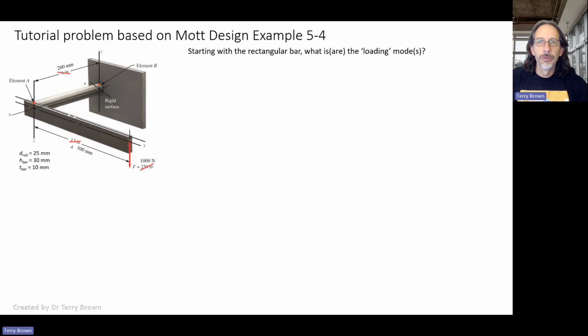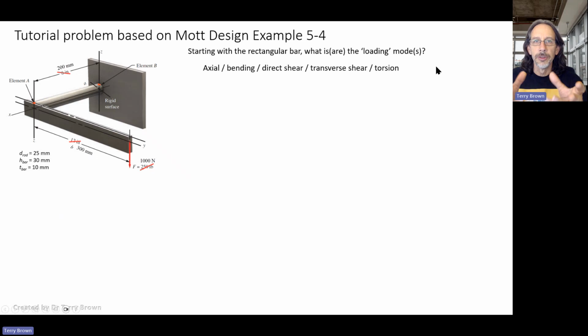Okay, so starting with the rectangular bar, what is or are the loading modes on this beam? Okay, so have a go at thinking about what they might be. Right, so hopefully you've done that and you've come back and I've listed them all here. So these correspond to, back in Applied Mechanics and Design A or Mechanics of Solids, you would have had the Hibbler textbook probably for Mechanics of Materials.